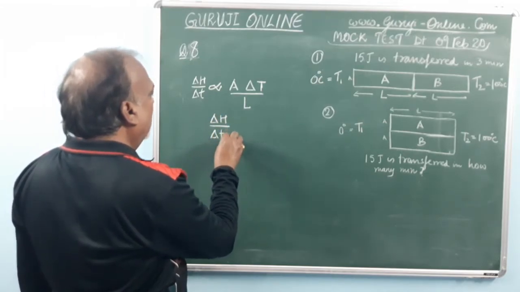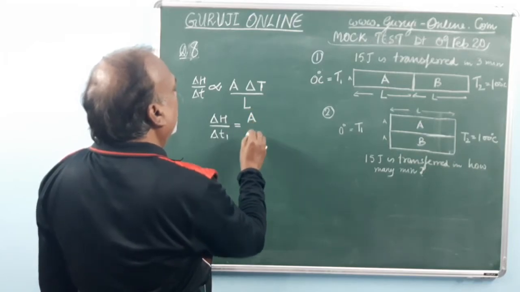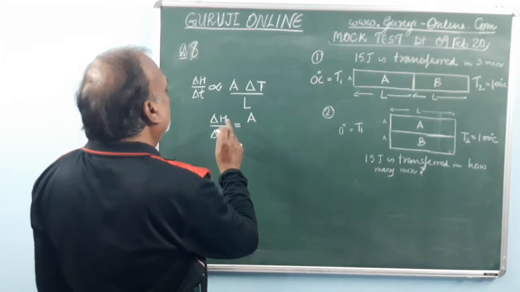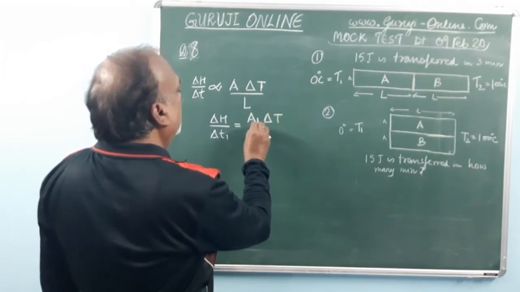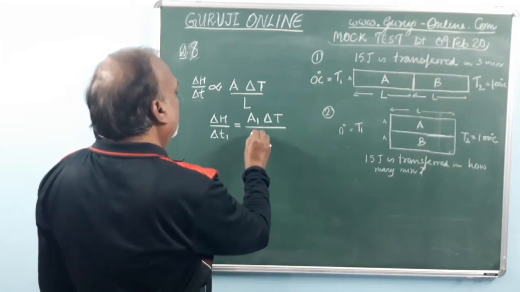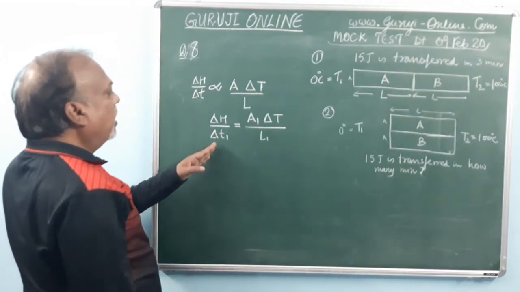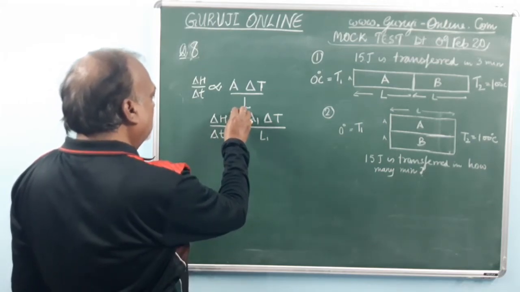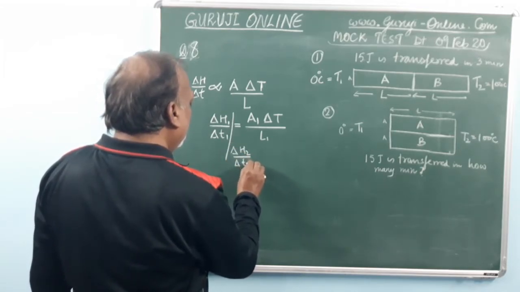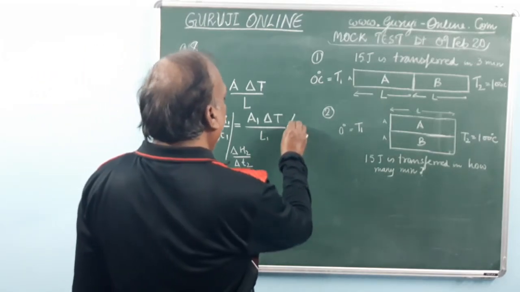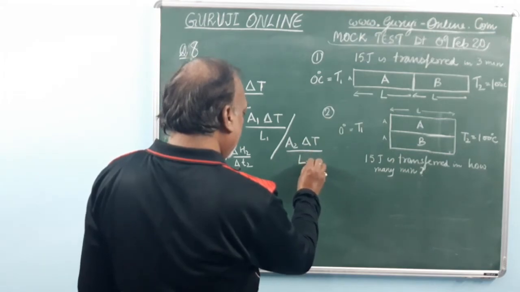Delta H1 upon delta H2 will be equal to A1 delta T upon L1 divided by A2 delta T upon L2.